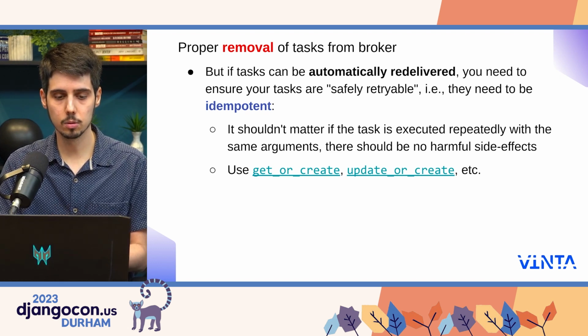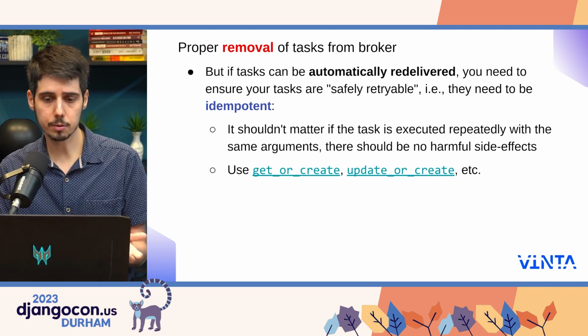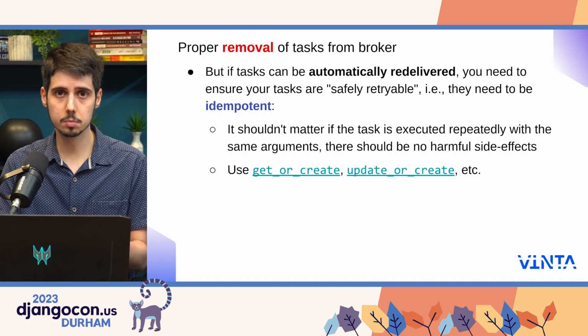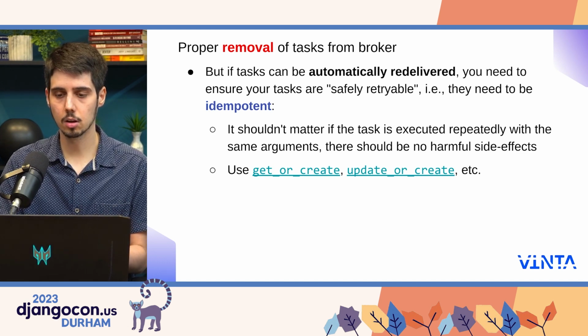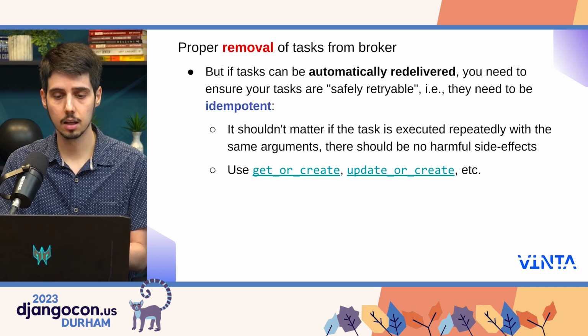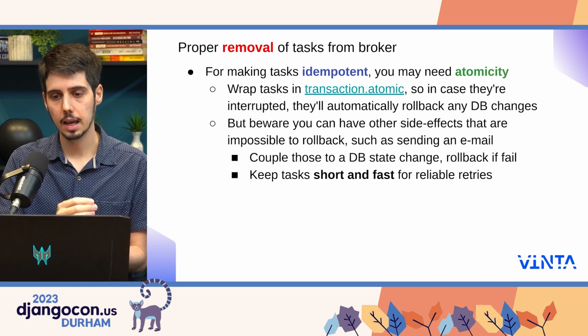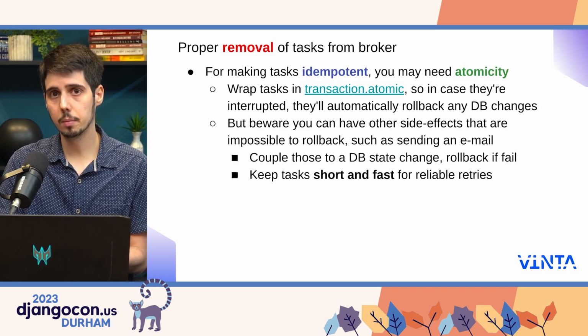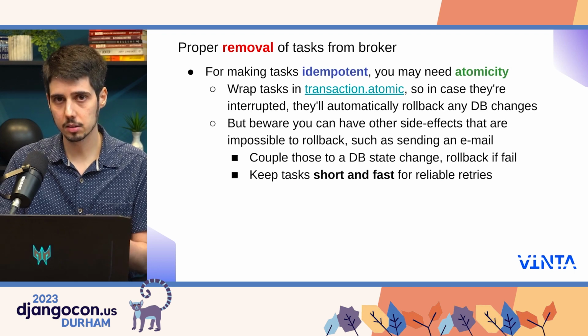So you have to use ORM methods like get_or_create, update_or_create. You have to always be sure that you are not redoing work unnecessarily, not doing side effects unnecessarily, if you want your tasks to be idempotent. And also for making tasks idempotent, you may need atomicity. So you perhaps should wrap tasks in transaction.atomic.